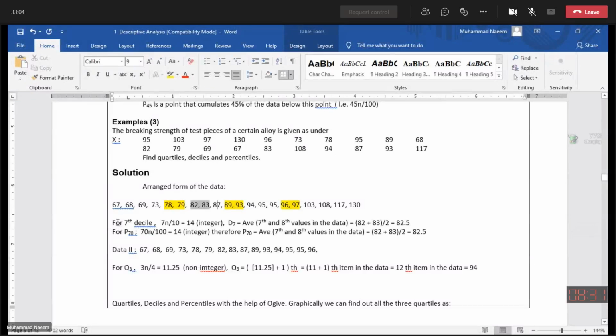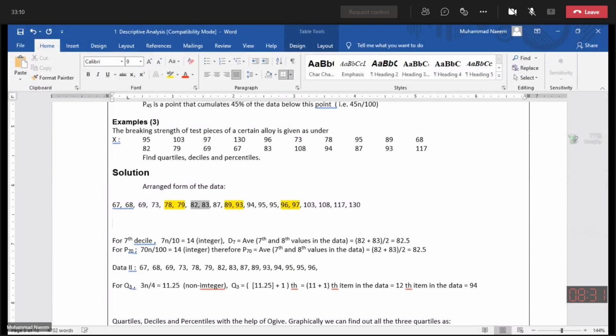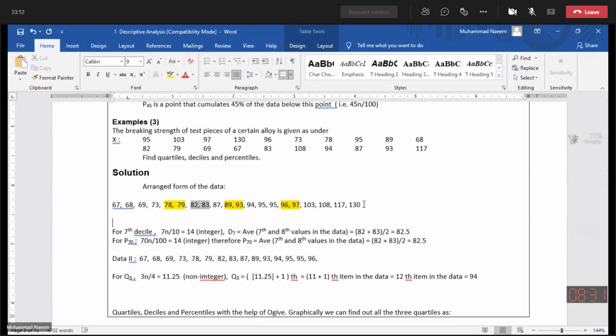Let's say for the third quartile, first of all, we must know the ratio 3n by 4.